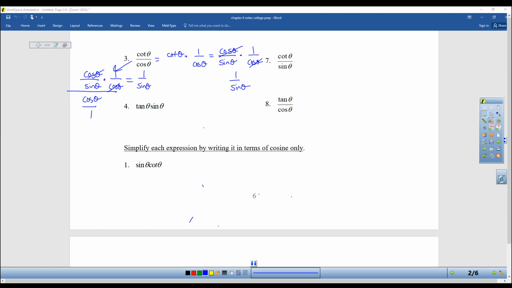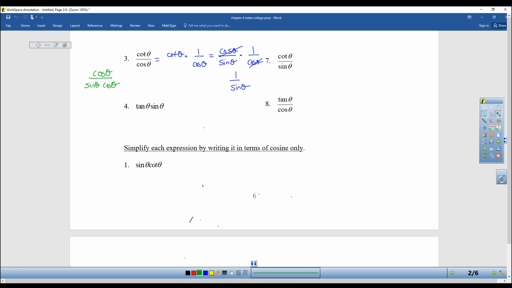Okay, I am going to show you a third way. So that's two different ways to think about it. The third way, and this is the way that most people don't really understand why it works. But now that I've shown you two different ways to do it, because this is always going to work out like this, if you have cotangent, you can think of cotangent as the cosine staying on top and the sine just moving to the bottom with the cosine.